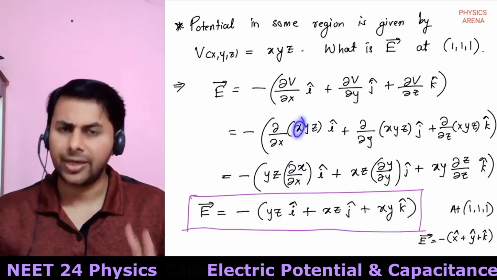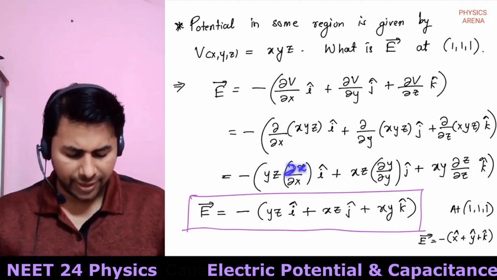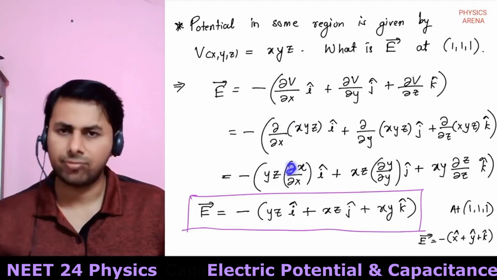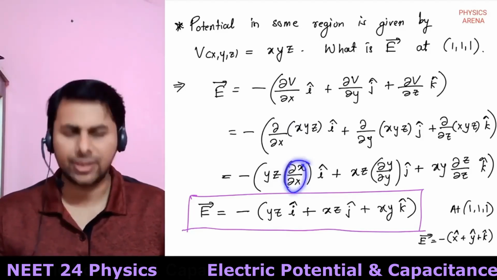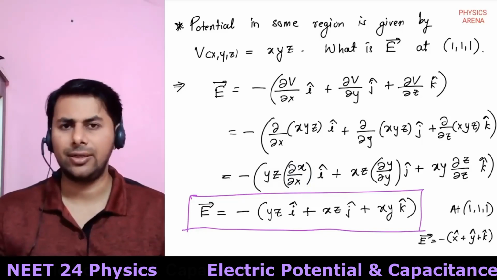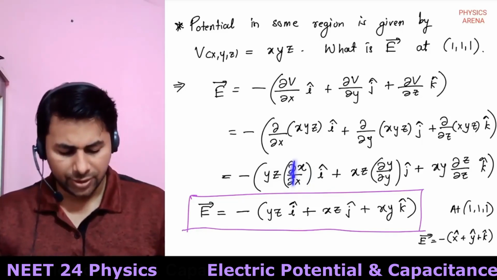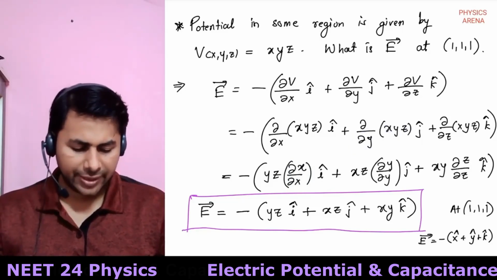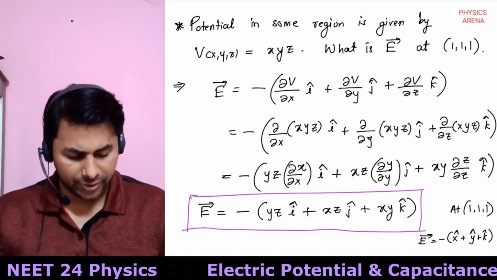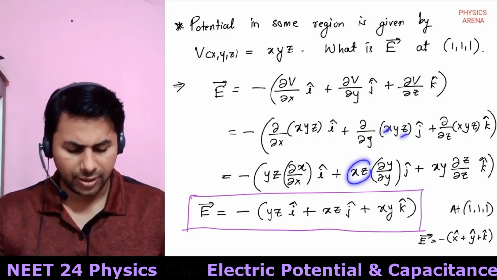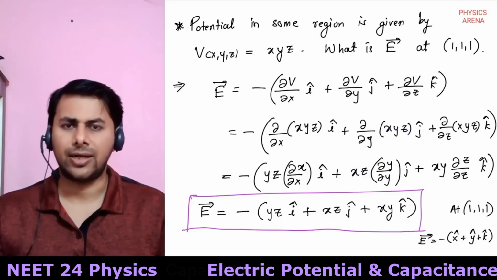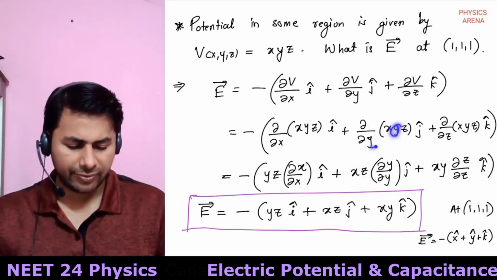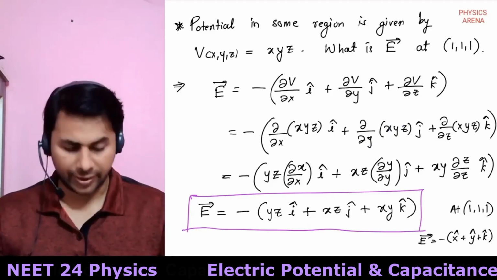So here you have simply x only. So del x by del x is just equal to 1. It's just like an ordinary derivative. So this is 1. When you are taking derivative with respect to y, you will treat x and z as constants. You will take them outside. Then what remains? Only y. So you have derivative of y with respect to y, that is also 1.